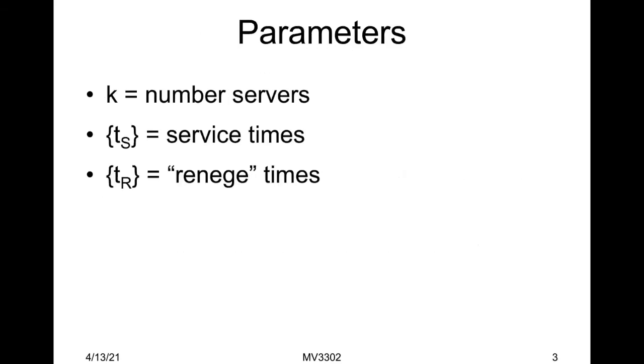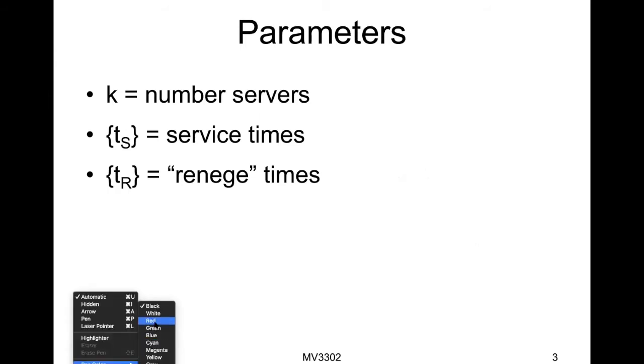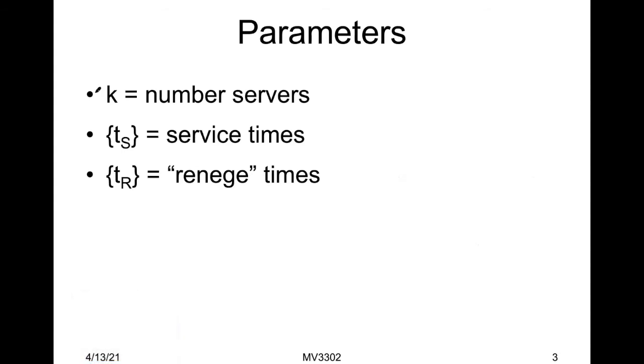Well, here we have the basic parameters for our multiple server queue. The number of servers and the service times. Again, we're not looking at the variable thing. And of course, that aspect could be added, but we're just focusing now on the renege.